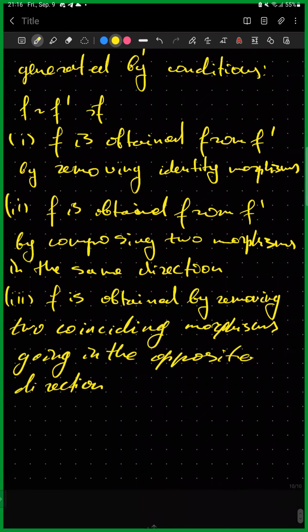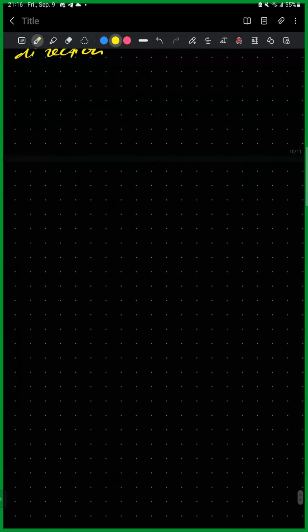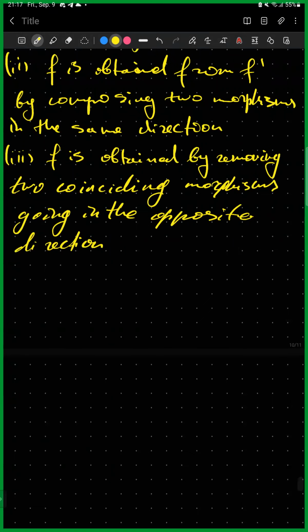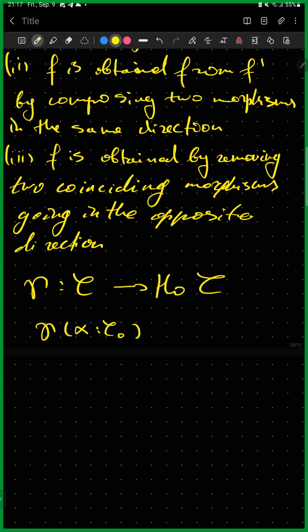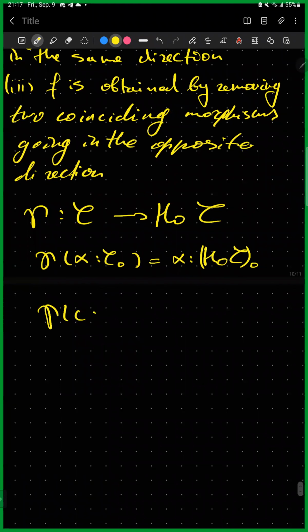Okay, so we obtain a functor from the category C to the homotopy category of C, which is a localization and which acts on objects as identity, and which maps morphisms into zigzags which contain just one morphism.